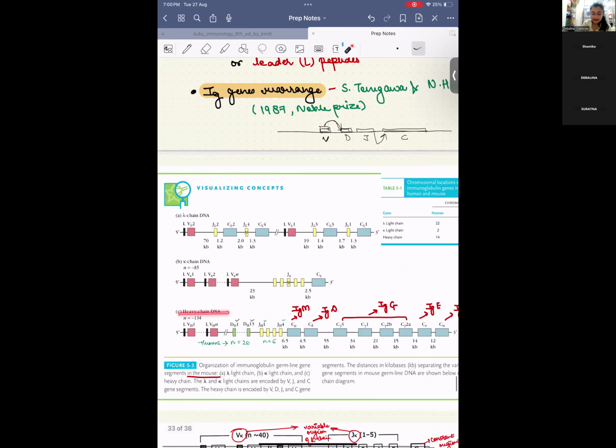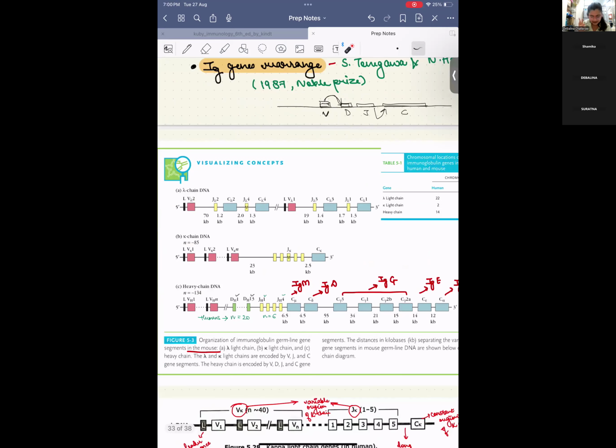So I hope this is clear. Three things that you must understand from this overall diagram: first, lambda chain and kappa chain are encoded by genes present entirely on different chromosomes.